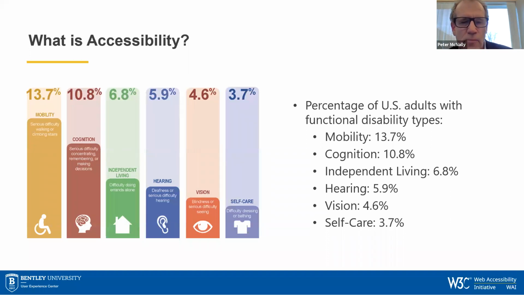You can see here, mobility is the most with 13.7, cognition 10.8, people who have challenges with independent living is at 6.8, hearing 5.9, vision 4.6, and self-care 3.7. Now, you may have seen different stats, and these are probably not mutually exclusive, but nonetheless the main theme here is that this impacts a lot of people, and more than you probably realize.